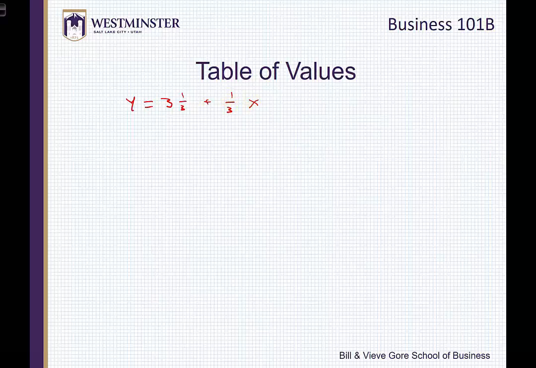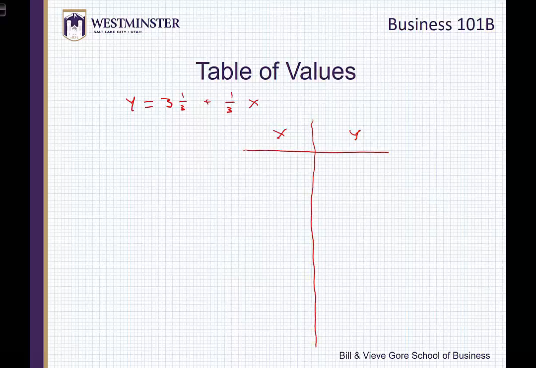When we do that, we have to think of, okay, if we have x and if we have y, we can create some t account, if you will, and we need to give some values of one or the other variable in order to calculate the value of the remaining variable. So I'm going to say, let's go ahead and give values for x, and we'll calculate values for y, because that's what we're doing here. We're calculating y. Y is our calculated or our dependent variable.